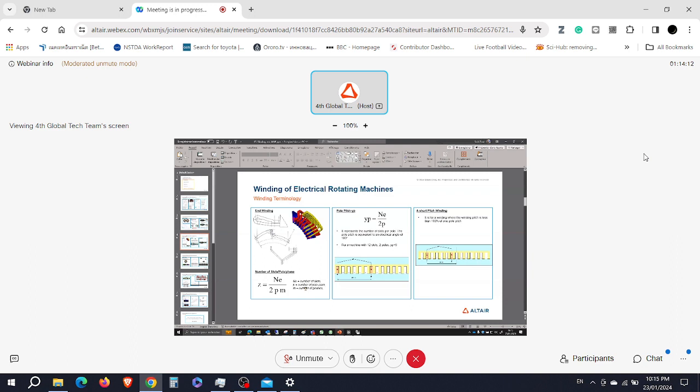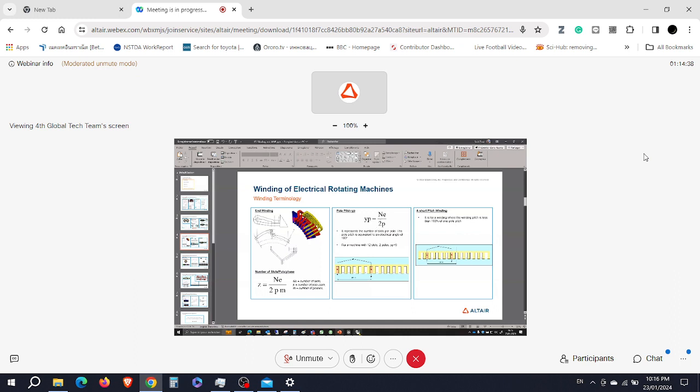Once we talk about the number of slots per pole and per phase, we are going to talk about the pole pitch. The pole pitch is the distance between the input of the coil and the output of the coil, right? It's computed through the number of slots divided by the number of poles.